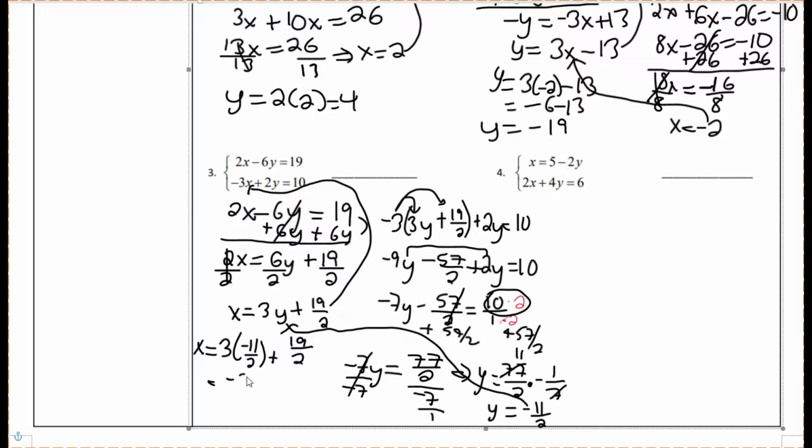So 3 times 11 is 33. And then negative 33 plus 19 is negative 14. So we have negative 14 over 2, which is negative 7. So now we have our solution here, negative 7, negative 11 over 2.